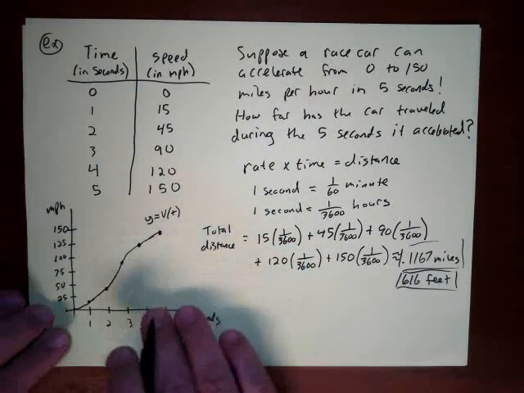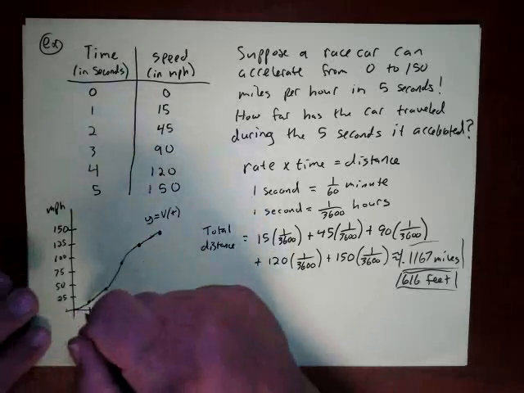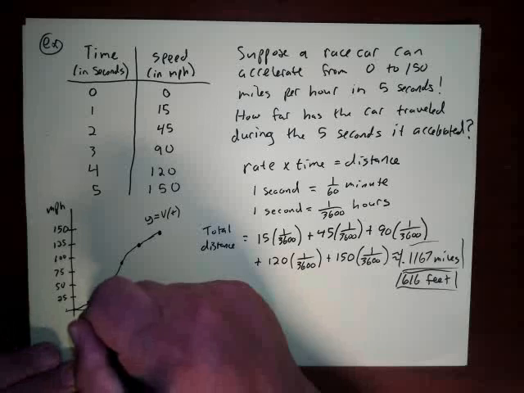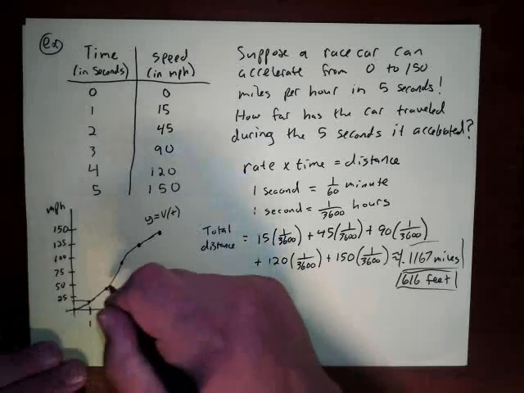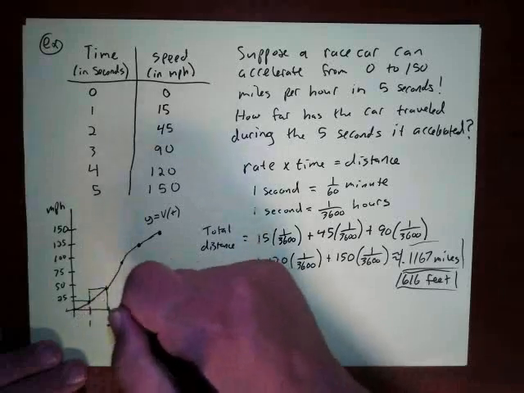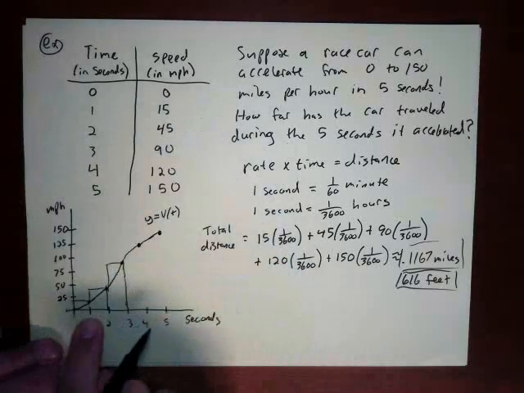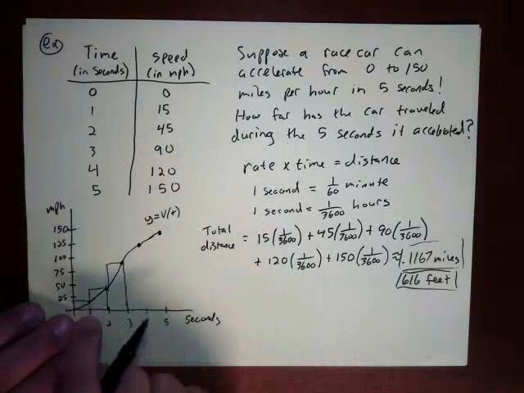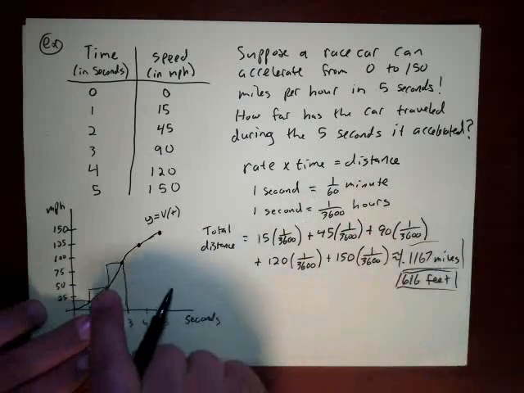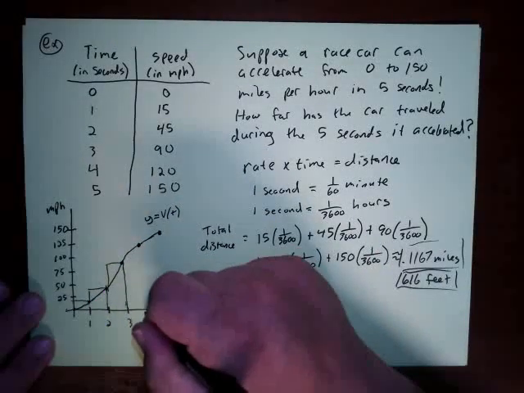In a sense, this is a graph of the velocity, and what I did is for each second here, I used the right endpoint to make a rectangle, right? Because this is the second, and then the height of each of these rectangles is the speed at the end of that second.